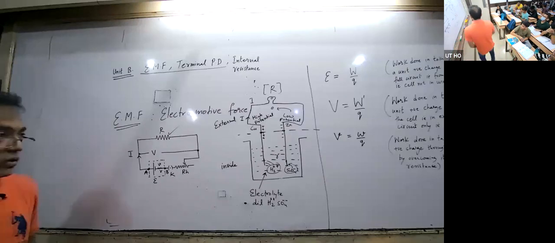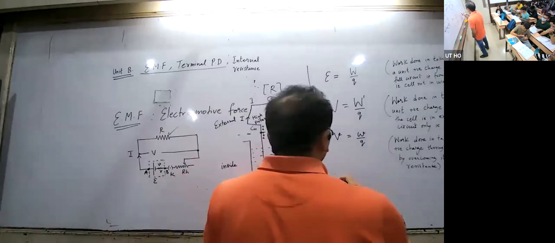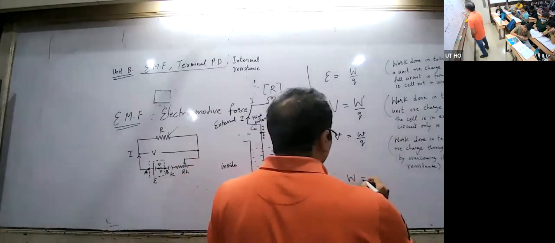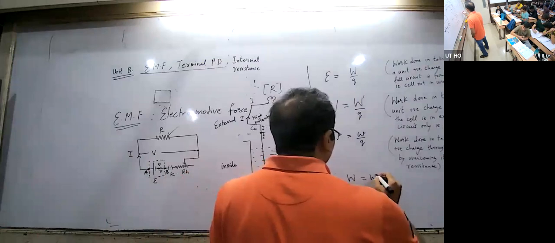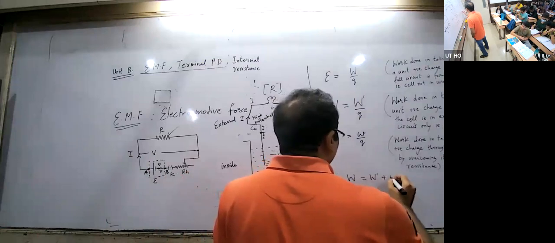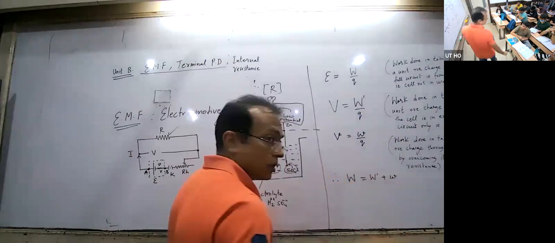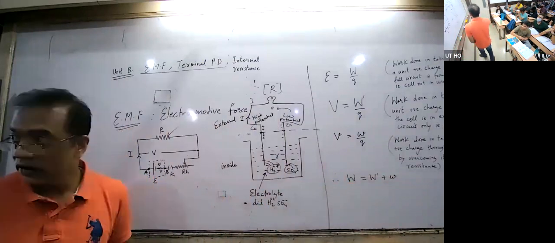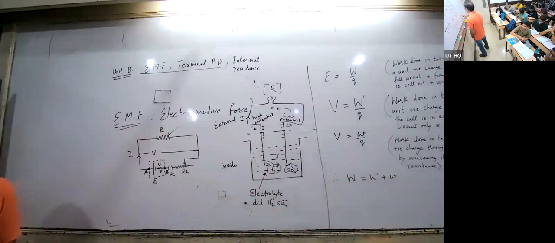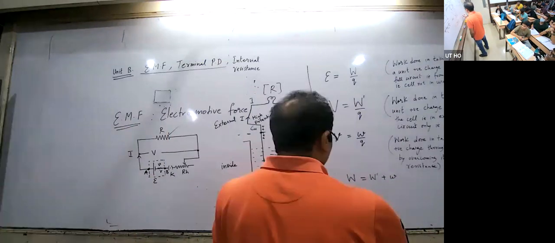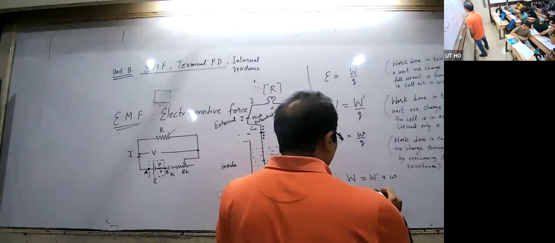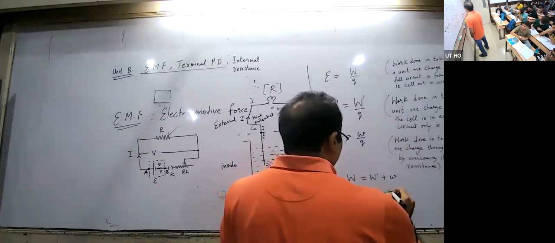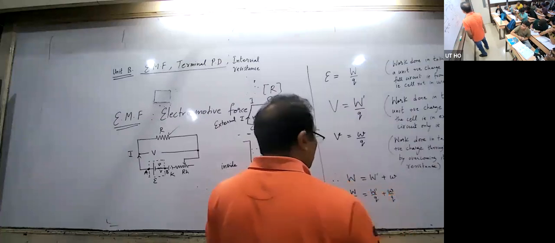So what is the total work done? Therefore, total work done W must be equal to the work done in the external circuit and the work done in the internal circuit. Correct? So dividing by Q, we get W dash by Q, that's W by Q, right?